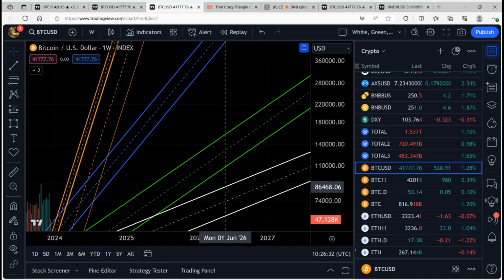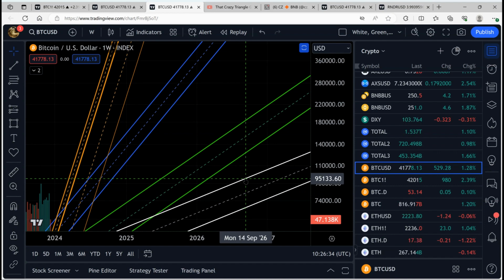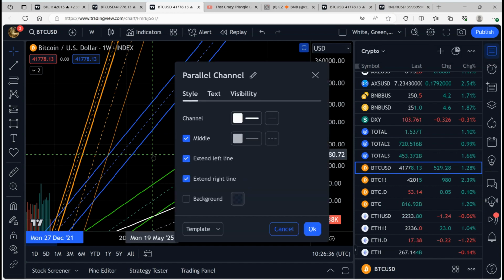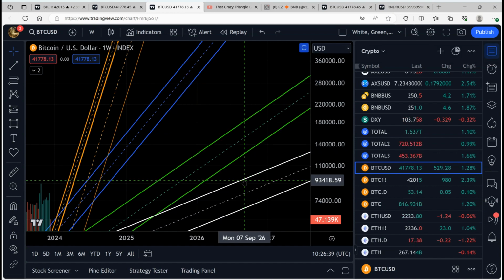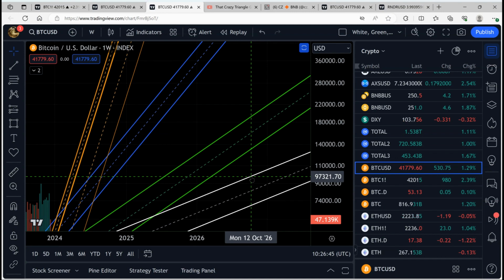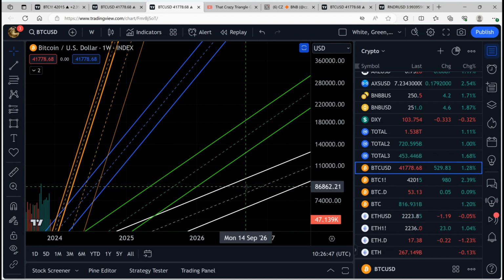Between $80,000 and $100,000, let's say. I think that's the next bottom.